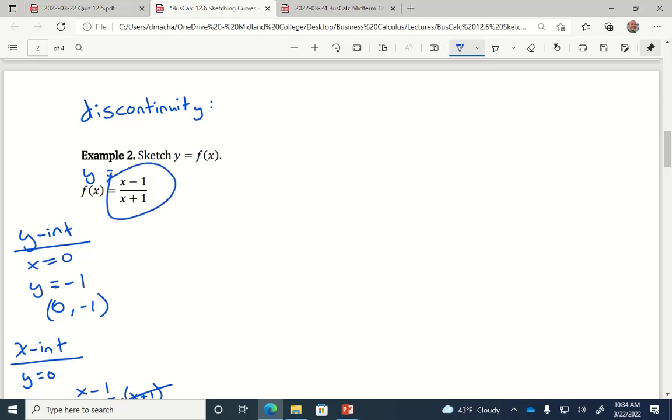Yes. -1 plus 1 is 0, and that would give me a 0 in my denominator. So I will have a discontinuity at x equals -1 for sure. I don't see any logarithms, so I don't need step 4. Step 5 wants me to take the derivative. So let's go ahead and try that.